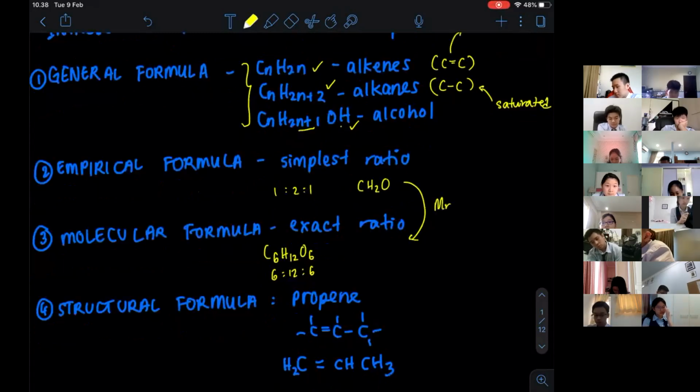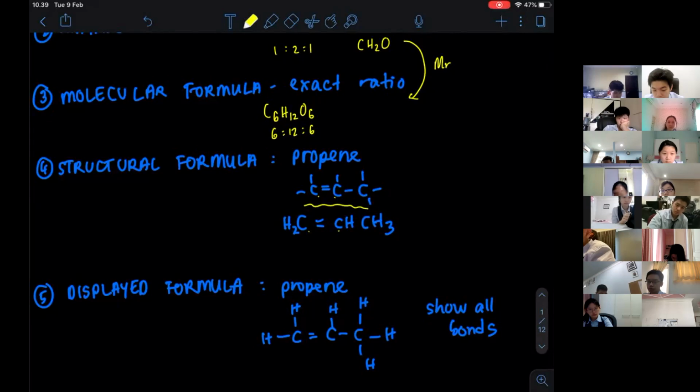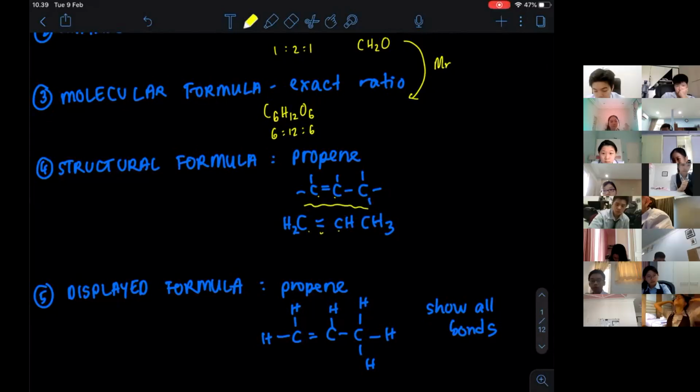Then we also have this structural formula. How do we actually write the structural formula? Basically, if you have a molecule like propene, we just separate them: carbon and carbon, and then I include the double bond. This carbon has two hydrogens, so I put the two hydrogens over here.